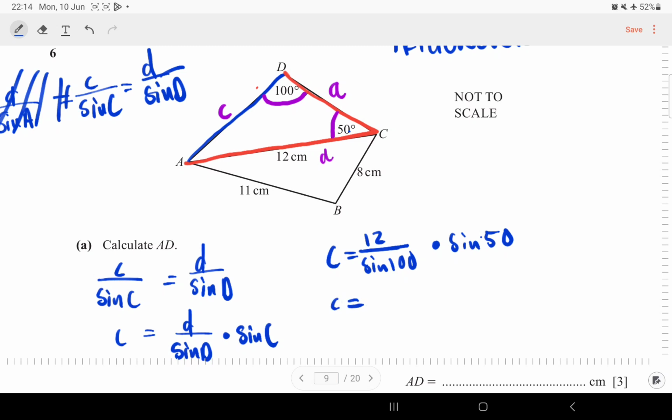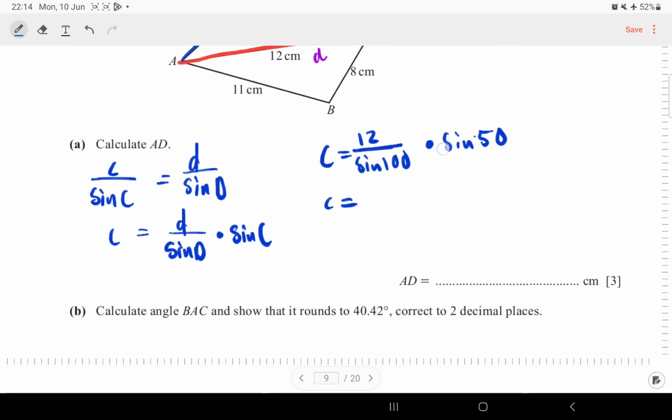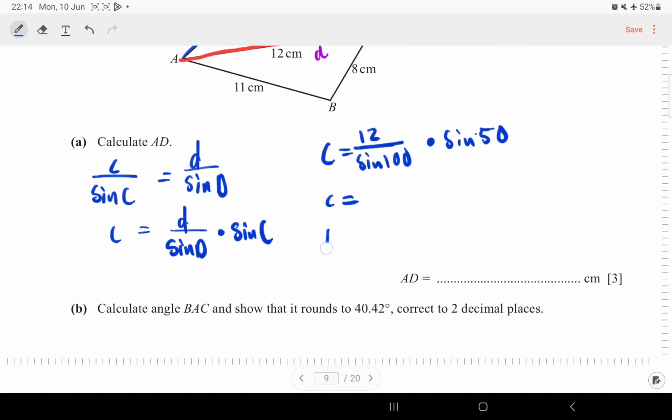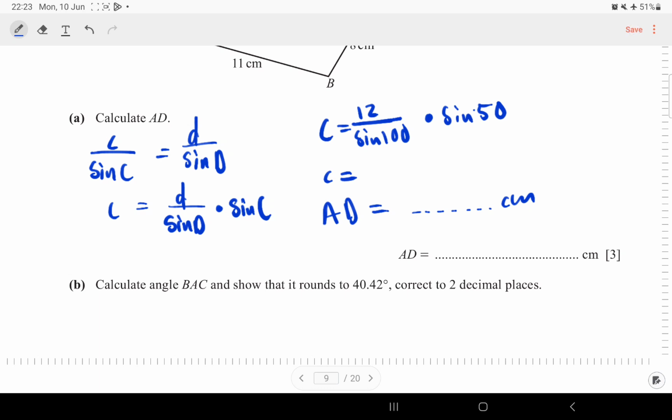So you can now say c is going to be, there we go. We can get our solution, and we will be done. We can get our small c, and we know that would be the AD. So AD will be whatever the answer is, in centimeters. So let's calculate it. For here, we'll get the answer 9.33.